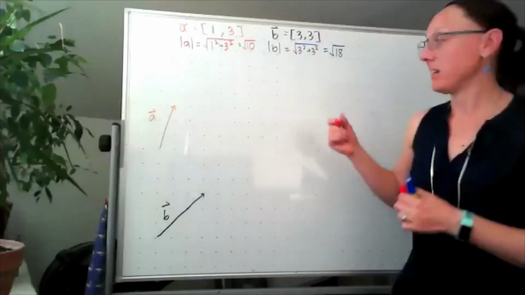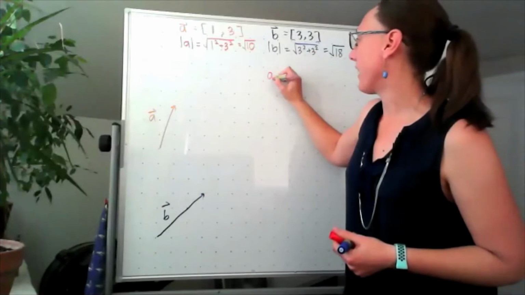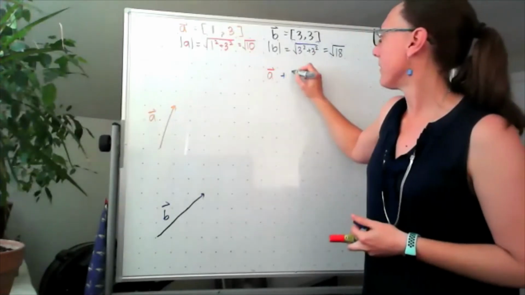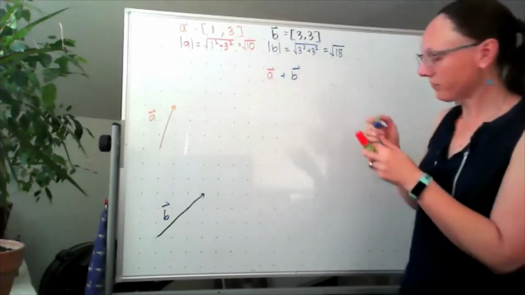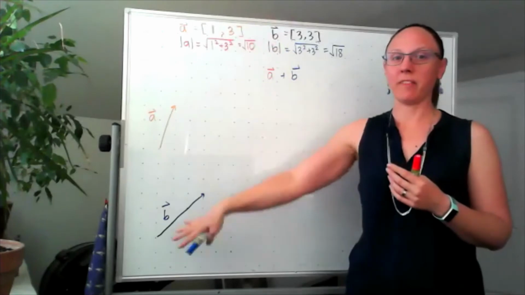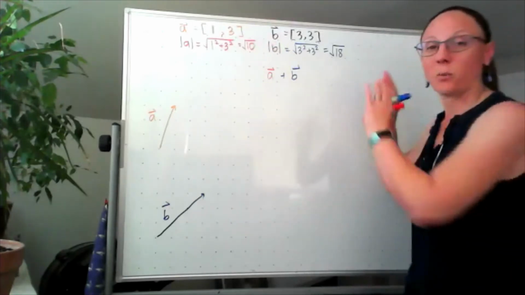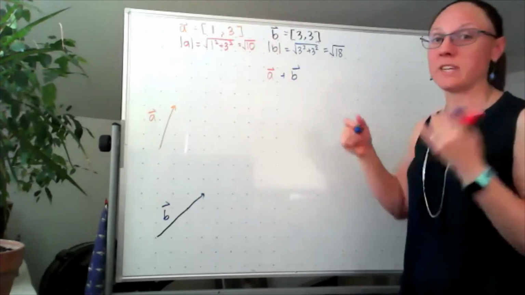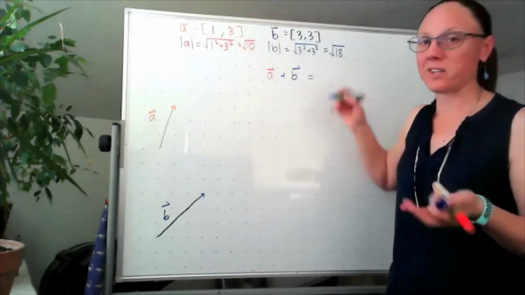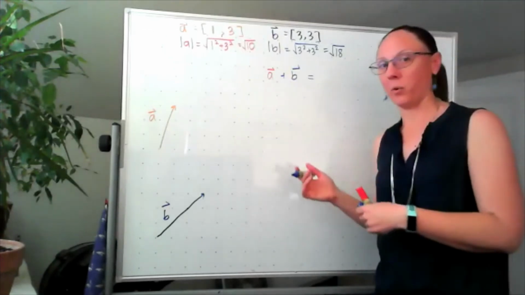What happens if I decide that I want to add A plus B? Well, we can think about this mathematically, and we can think about it visually. So mathematically, to add those two vectors, we add the x components, and separately we add the y components.